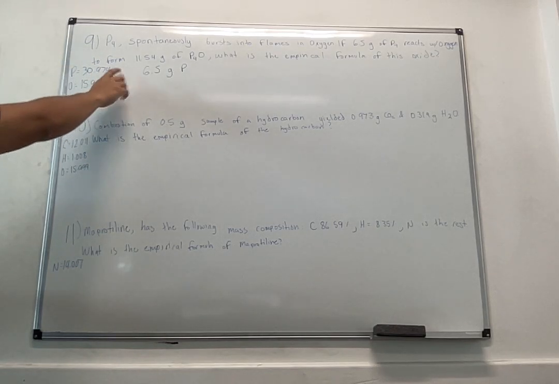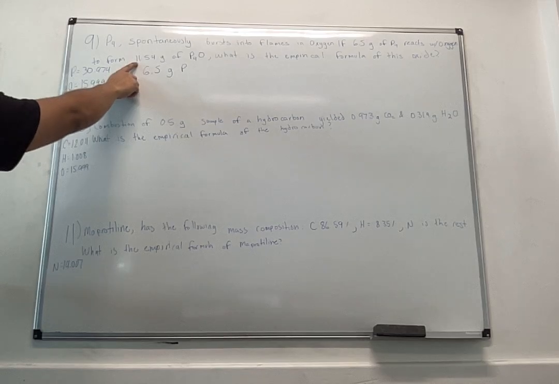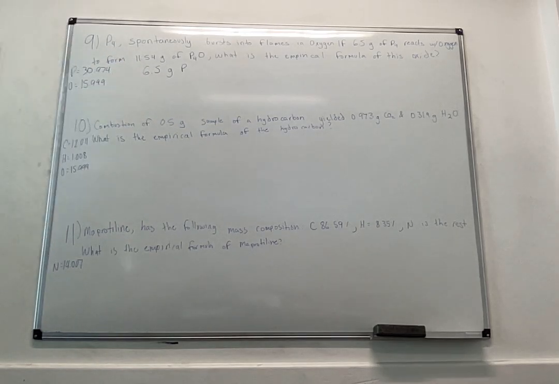the law of conservation of mass says that matter cannot be created or destroyed. So if we end up with 11.54 grams of phosphorus oxide, and we put in 6.5 grams of phosphorus, then the difference in the weight, basically 11.54 minus 6.5, is going to give us the mass of our oxygen.